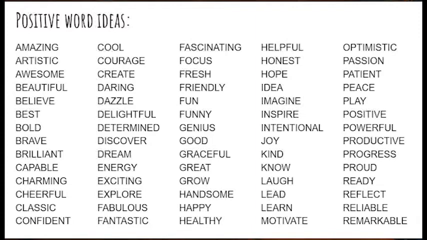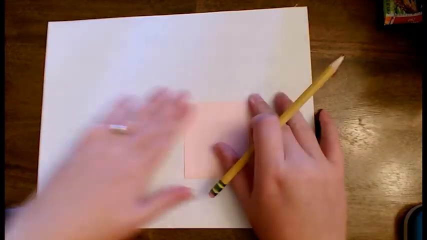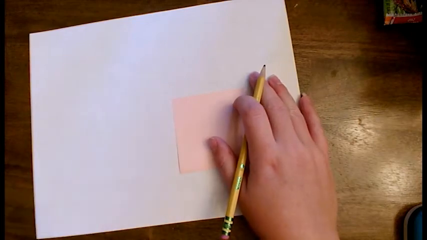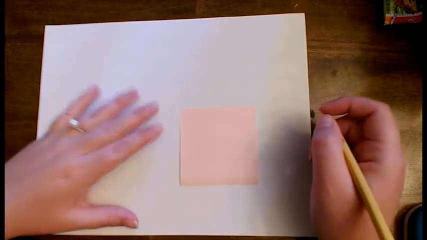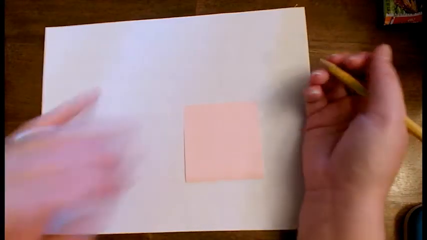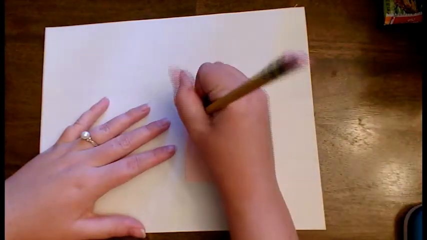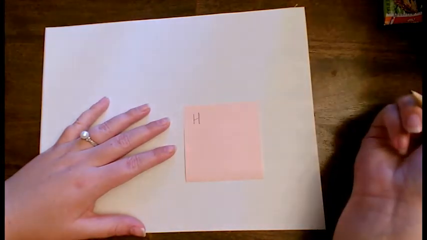So I'm going to go with happy. I'm going to do happy as my word. So I'm going to practice on a small sheet of paper. If you need a small sheet of paper to practice on, there are half sheets of paper. You can grab one of those to practice on if you need to. But I want to make sure that these aren't just our normal letters that we use.